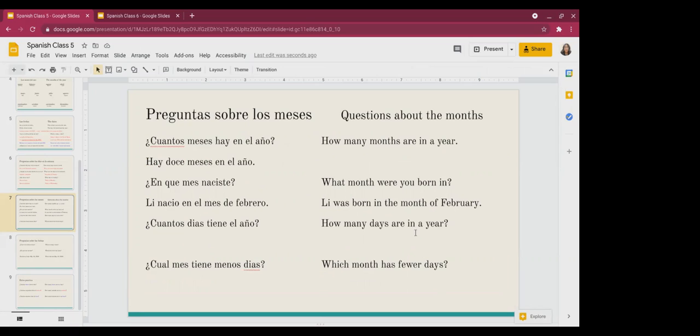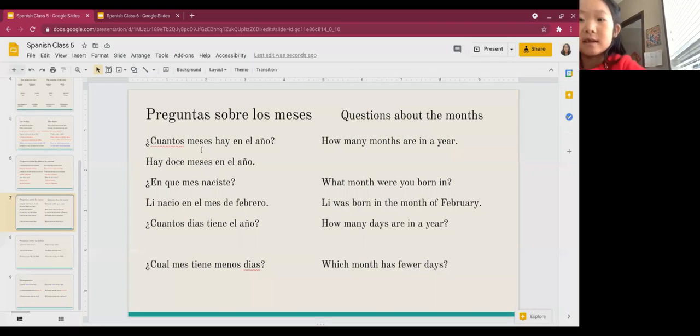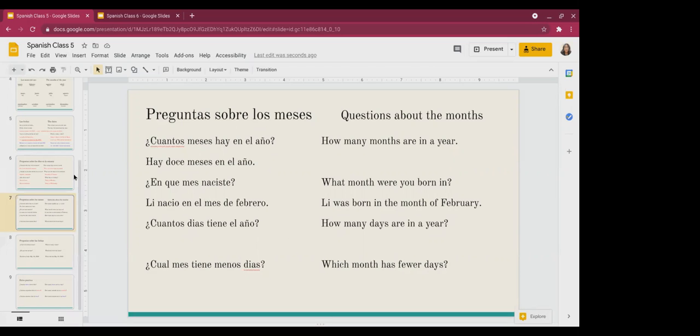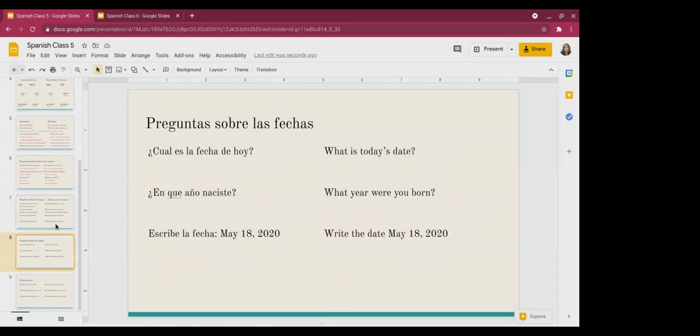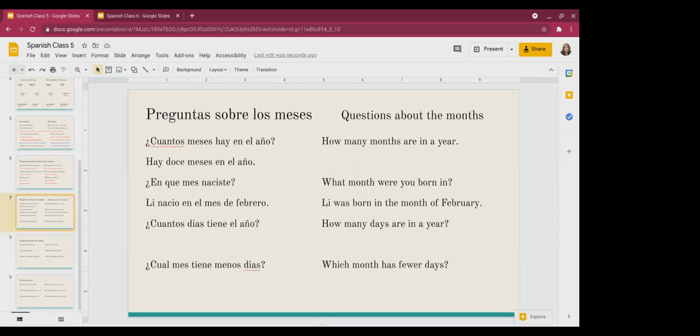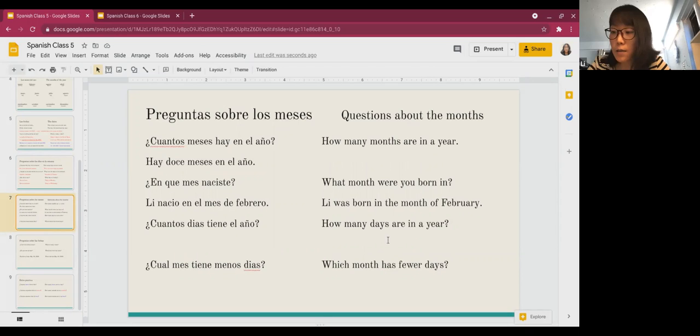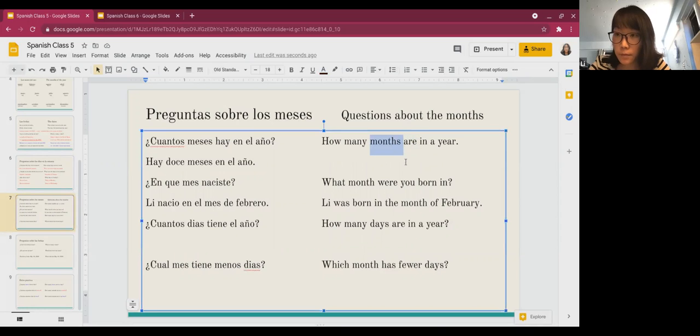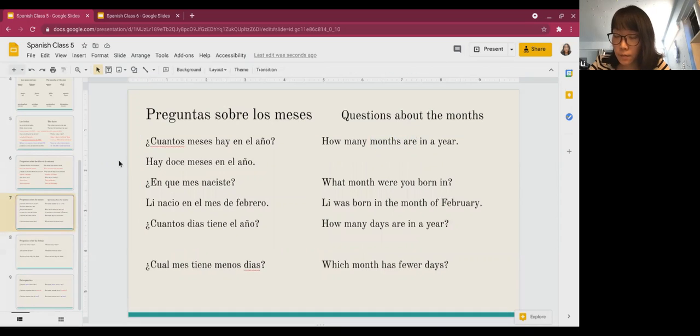Preguntas sobre los meses, right? ¿Cuántos meses hay en el año? What is mes? What does mes mean? Month. Good. Muy bien. Months, right? So, ¿cuántos meses hay en el año?